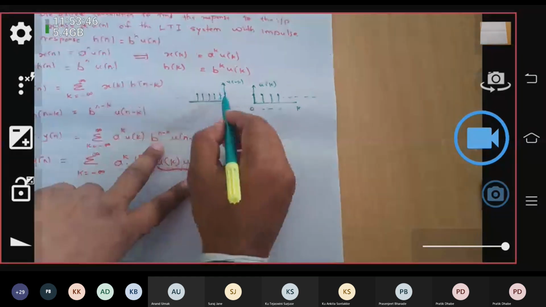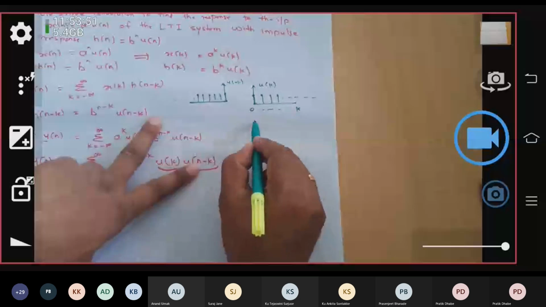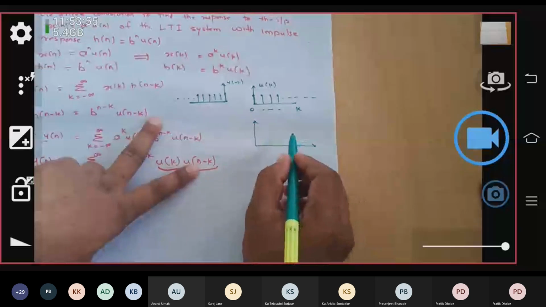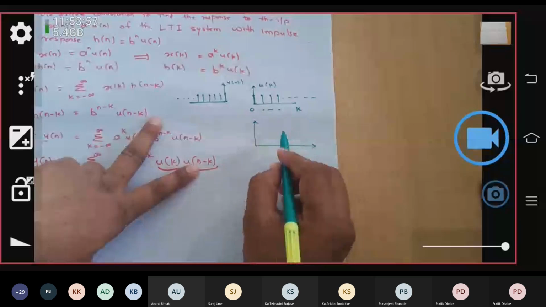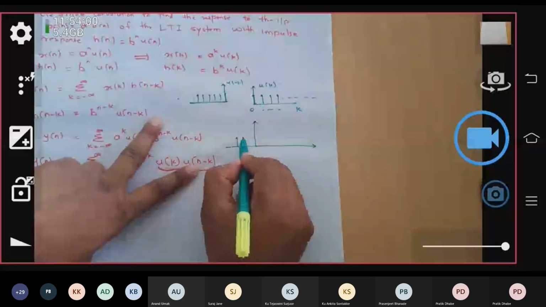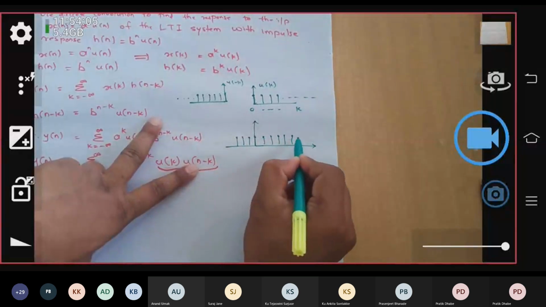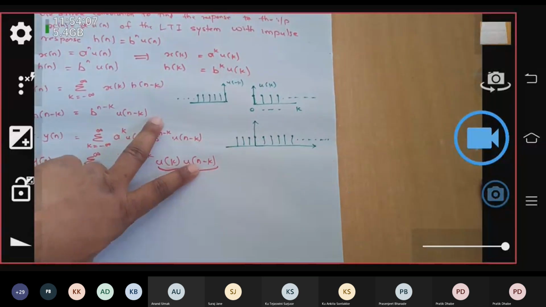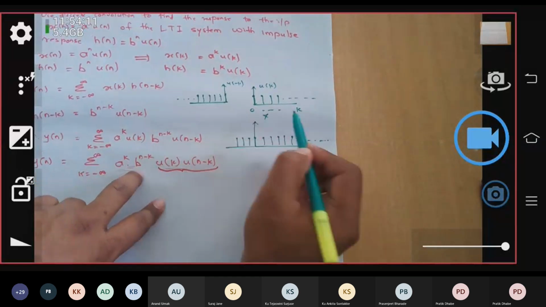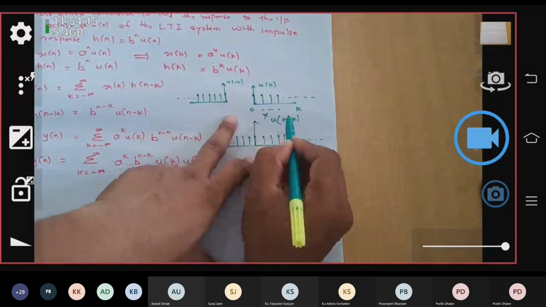Okay. Now, when this folded is delayed, what do you get? When this folded is delayed by suppose k samples, this will be shifted towards right. So you will get this, and this will keep on continuing. So when this u of k is multiplied with u of n minus k, what result do you get?